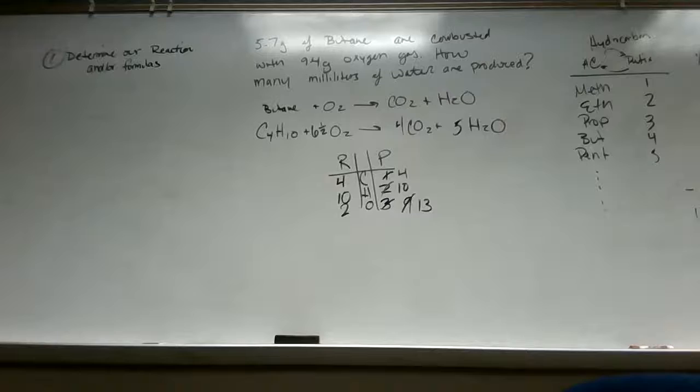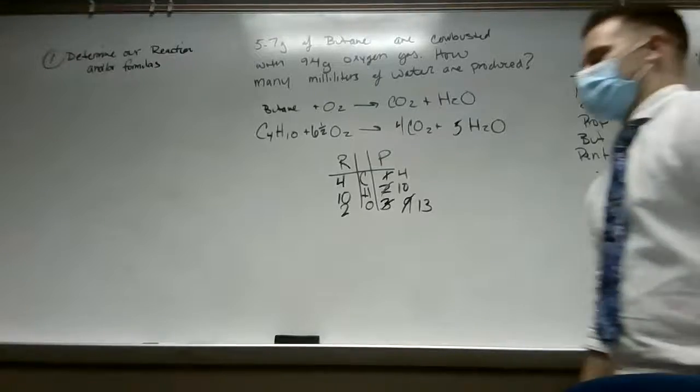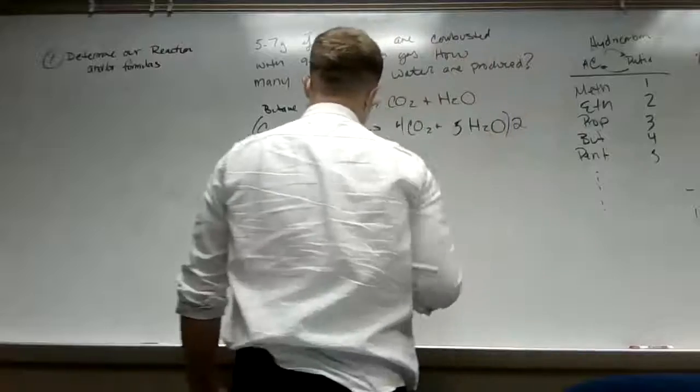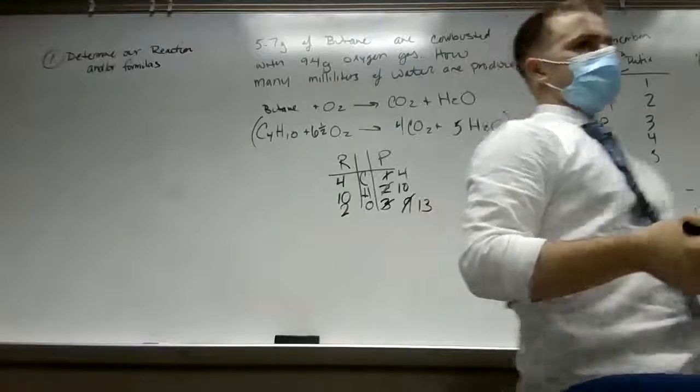Now, you know that you cannot have fractions for your stoichiometric coefficient. So we're going to multiply it through by the denominator. So through here, the denominator is 2 because we have 1/2. Multiply everything times 2.